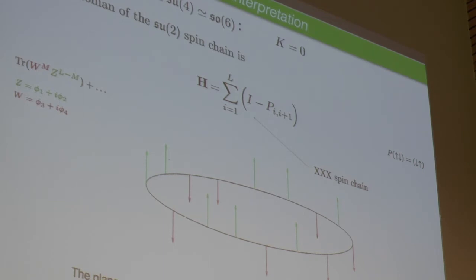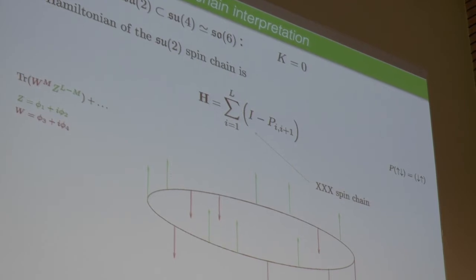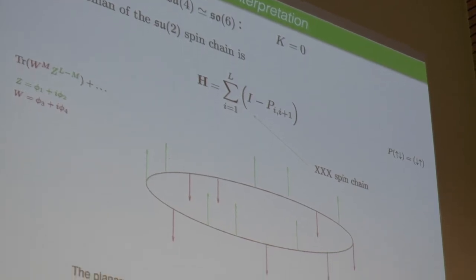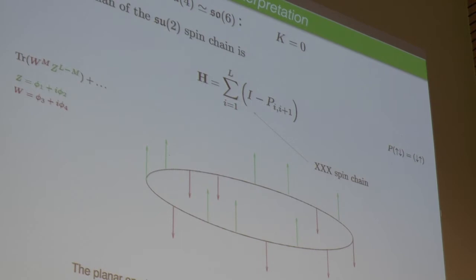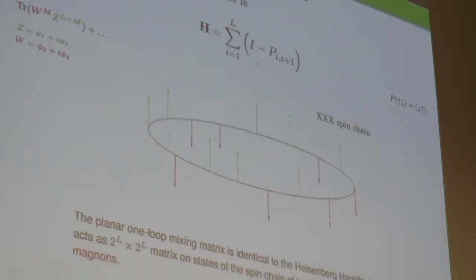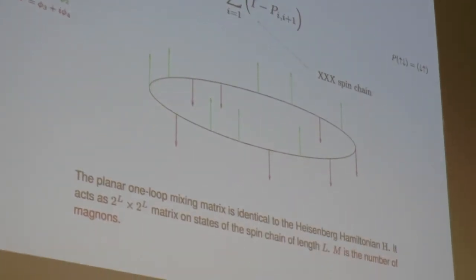And the Hamiltonian which arises in this case is the Hamiltonian of the famous Heisenberg XXX spin chain, which is known to be integrable. This is a quantum spin chain, it's not a classical one. Integrability means that in addition to the Hamiltonian, there is a set of commuting operators, commuting charges, which commute between themselves and with the Hamiltonian.